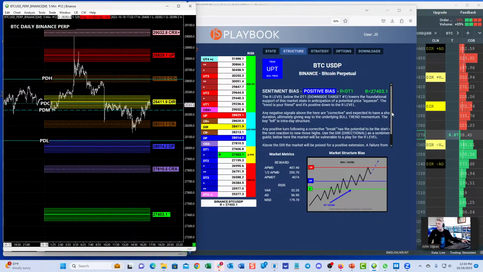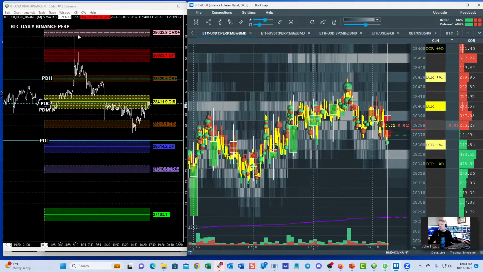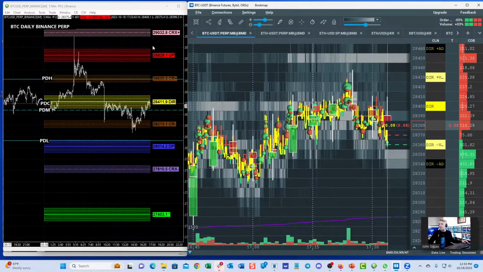I don't have the data for Bookmap for when this occurred, but no doubt this is going to show the exhaustion in the microstructure, which is what it's all about. So when you're in the microstructure and you see that exhaustive action happening at an extreme, it becomes really powerful because you have a lot of clarity.